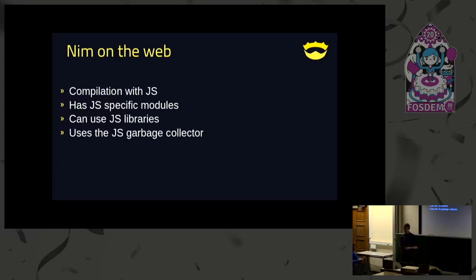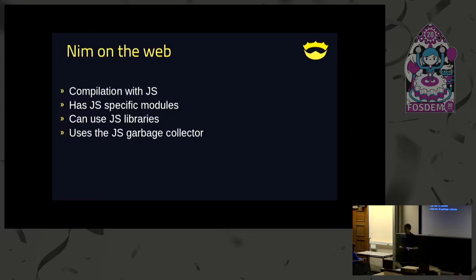And as I mentioned, we don't have a lot of stuff like in C, like pointers and all of that. But what we do have is stuff like the DOM. We have JS-specific modules that are only available for the JavaScript target, that only do JavaScript-specific things.